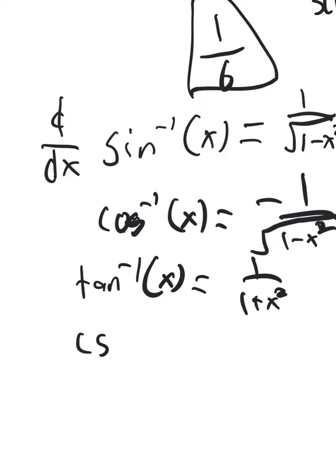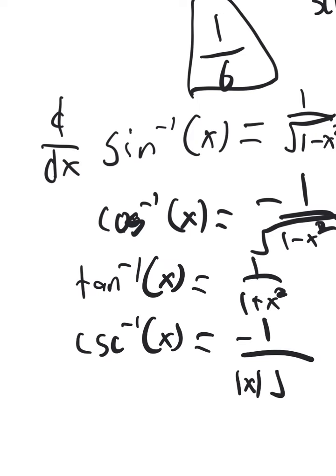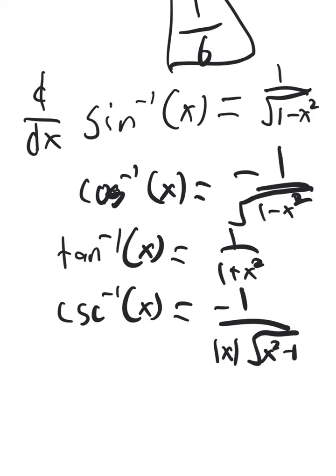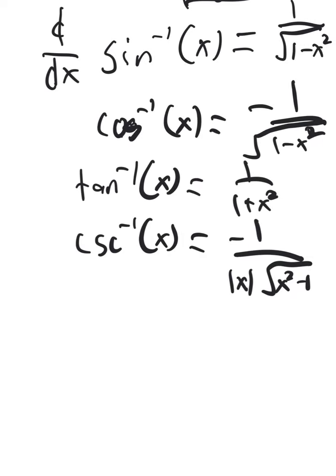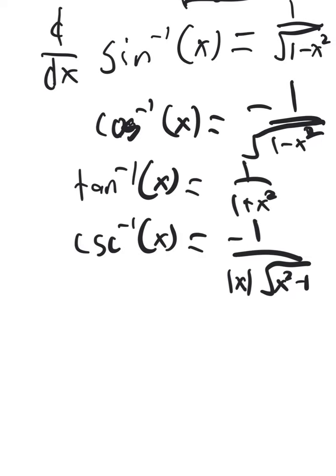Then there's cosecant inverse, which is negative 1 over absolute value of x, square root of x squared minus 1. These are just very annoying to work with and to remember. They don't, like other things, really help you understand calculus. They're just something that you're tested on because that's what College Board likes to do.